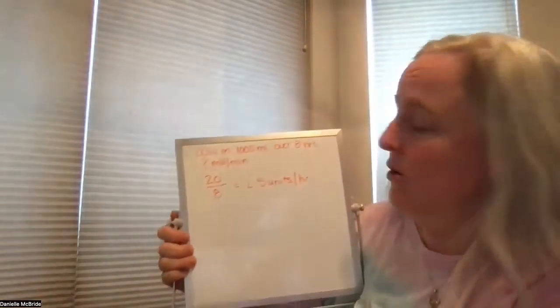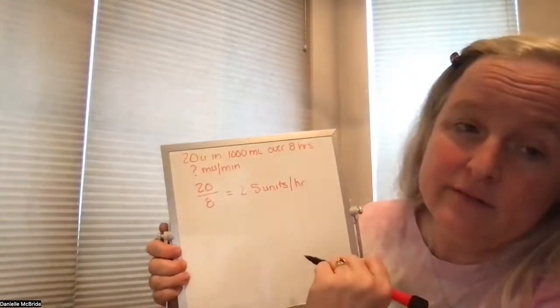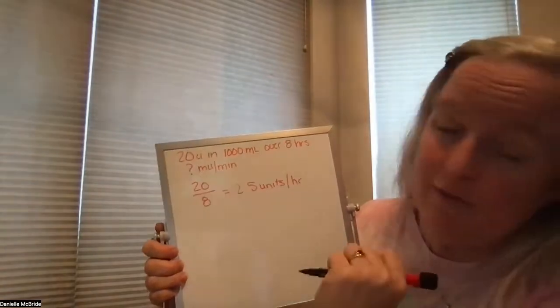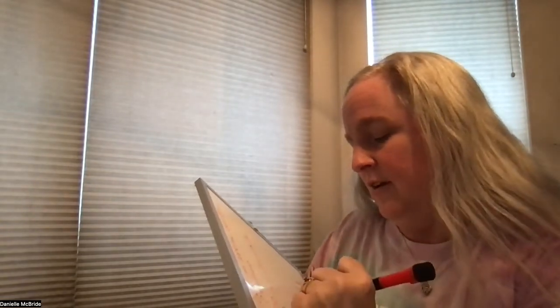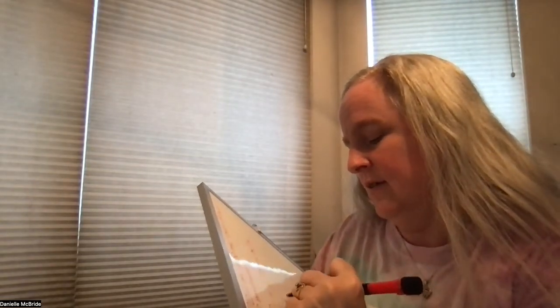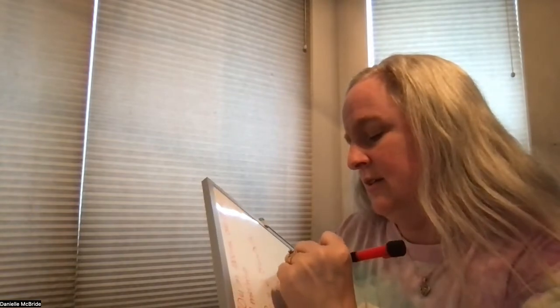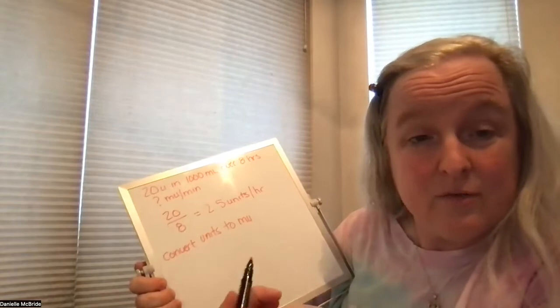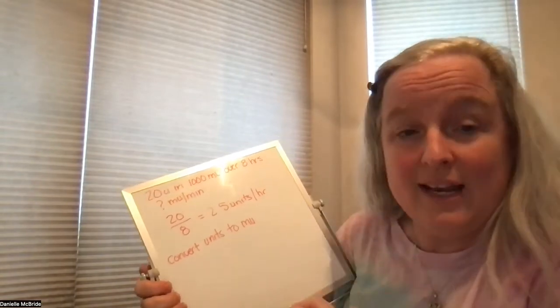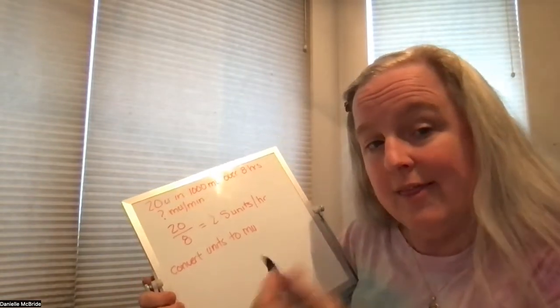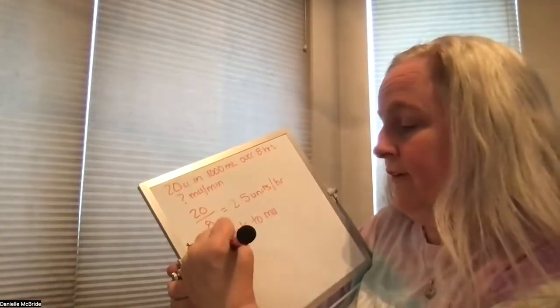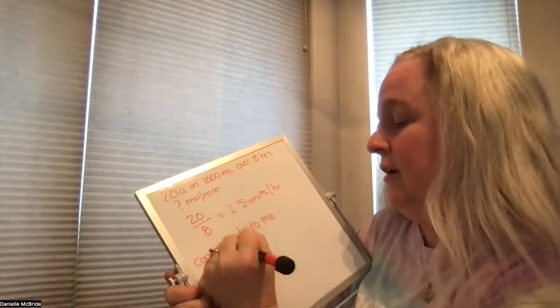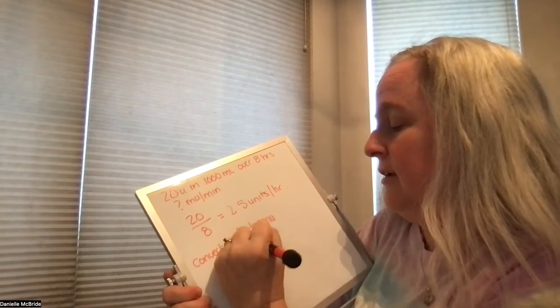Okay. Now I need to make this milliunits. So 2.5 units to milliunits, I am going to do the opposite of what we did last time. So instead of dividing, I'm going to multiply by 1,000. So 2.5 times 1,000.